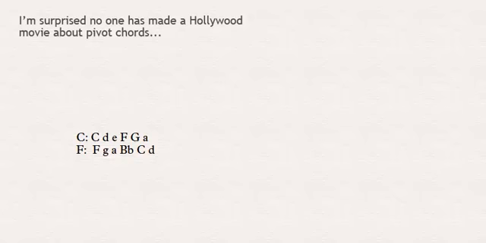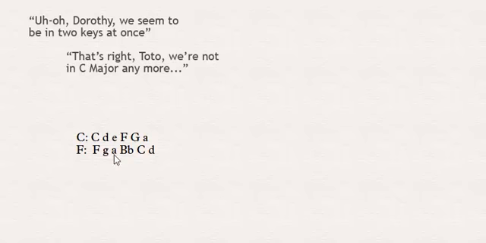So how can we figure out what chords are good choices for pivot chords? Well, I've written up the triads for C major and F major. I've left the diminished triads out because they're a little bit more complicated. For now, let's just focus on the major and the minor triads. I've written C, D minor, E minor, F major, G major, and A minor, and then the same triads for F major.